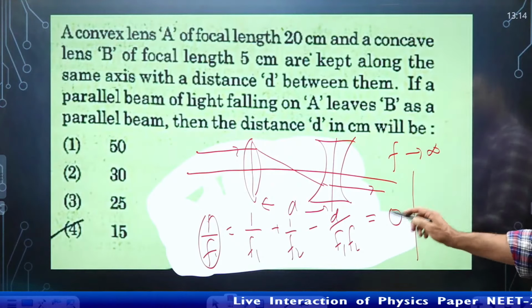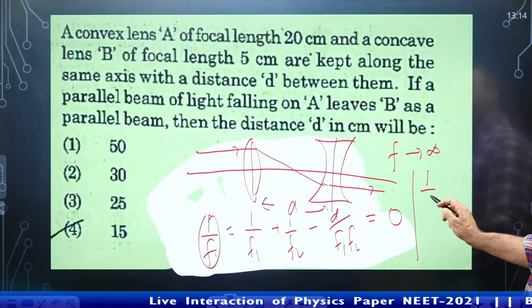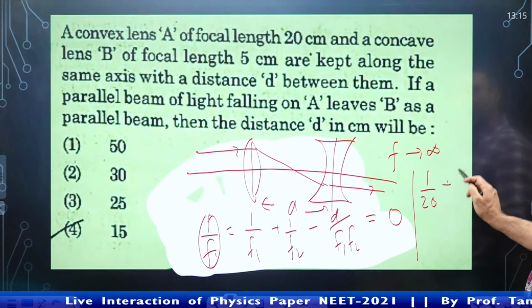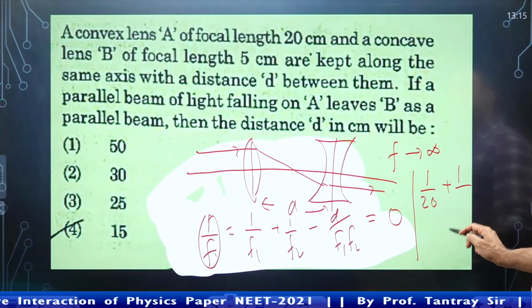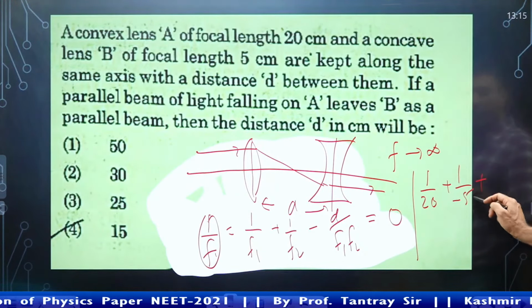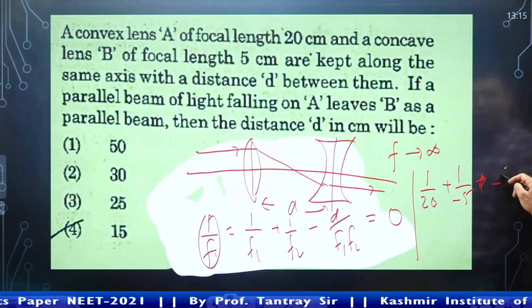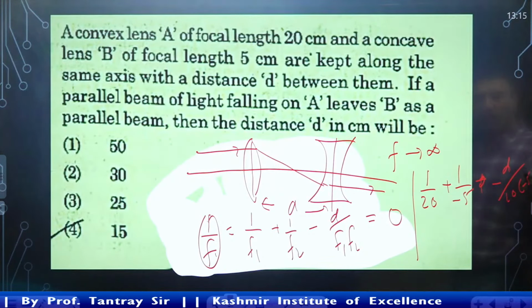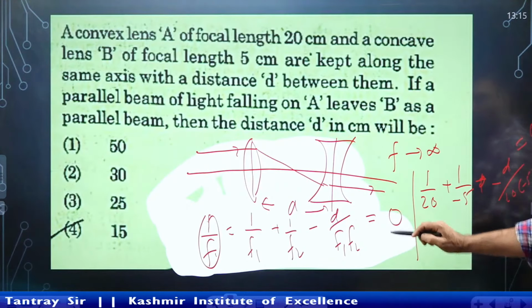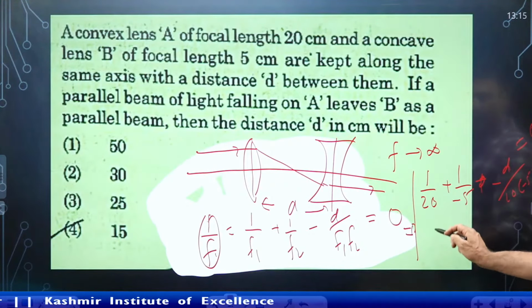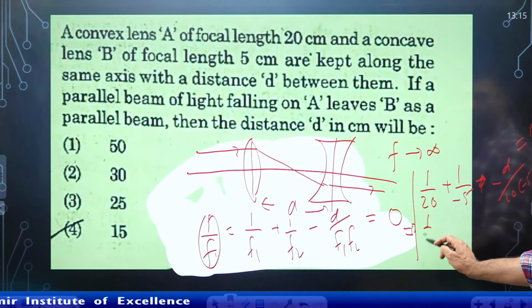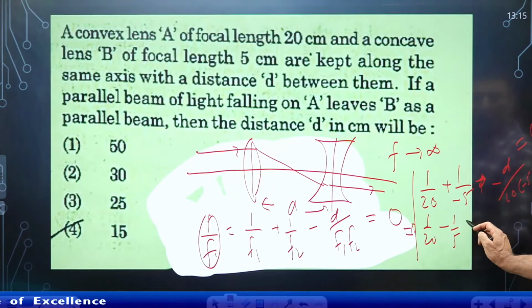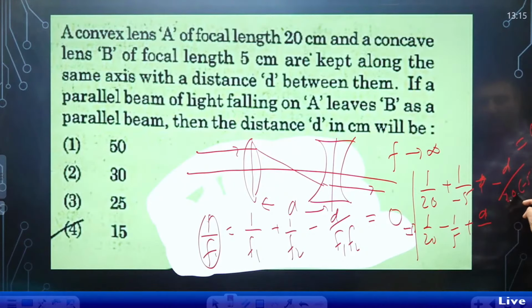That is 1 by 20 plus 1 by f2, that is concave, minus 5, plus minus d by f1 f2, that is 20 into minus 5, is equal to 0. So here it is 1 by 20 minus 1 by 5 plus d by 20 into 5, that's 100, is equal to 0.